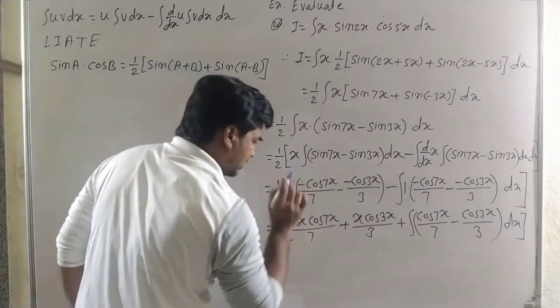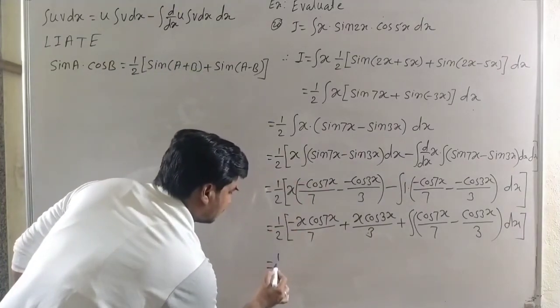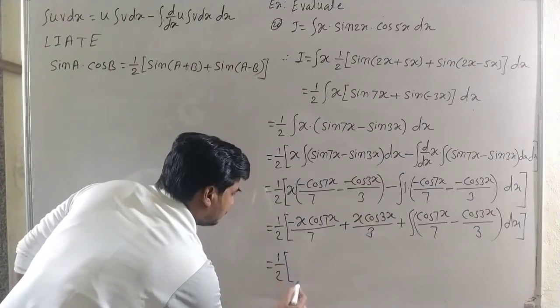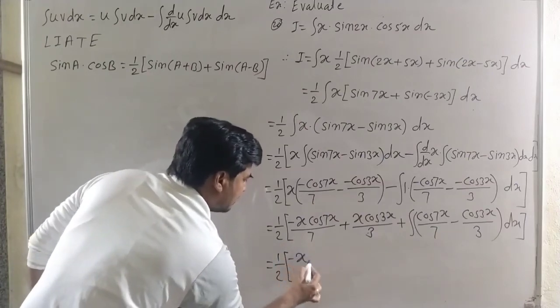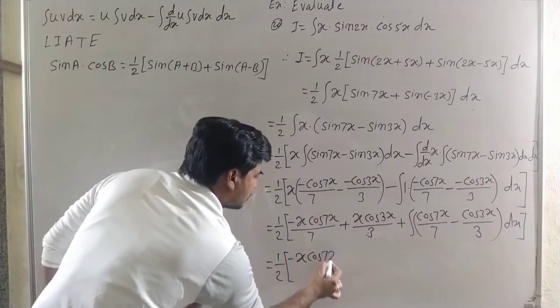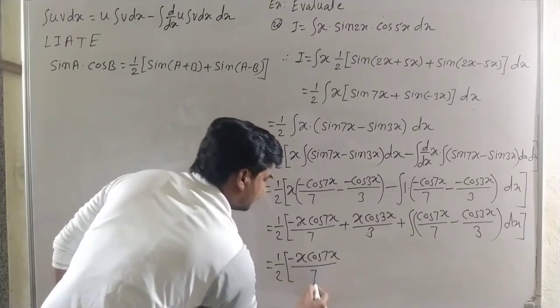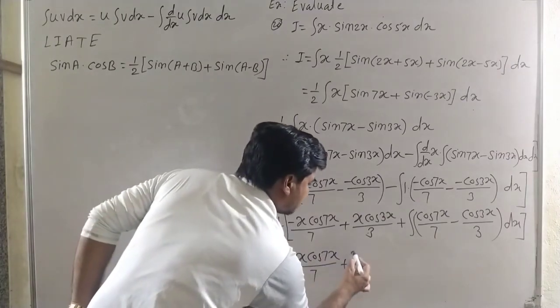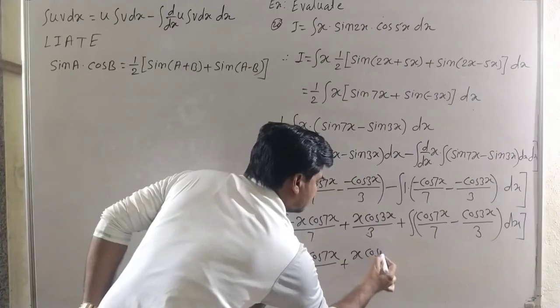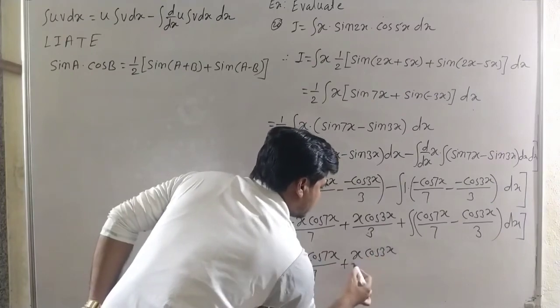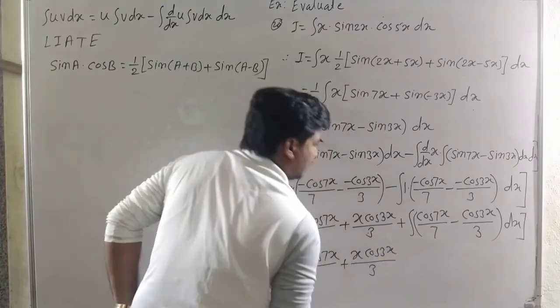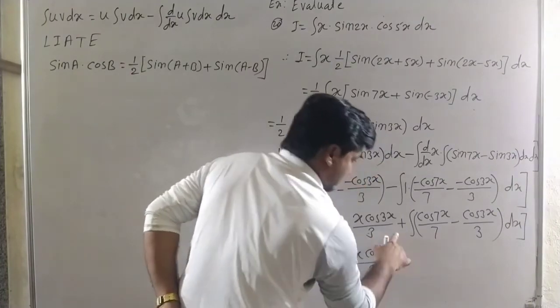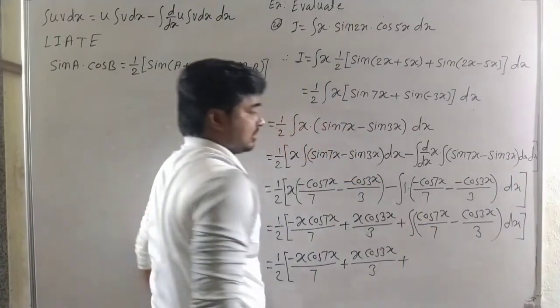And now the last step is 1 by 2, here minus x into cos 7x upon 7 plus x into cos 3x upon 3, and here plus take the integral of cos x.